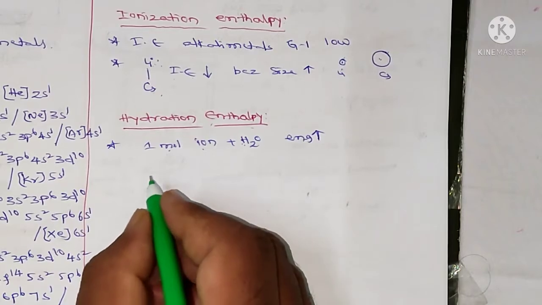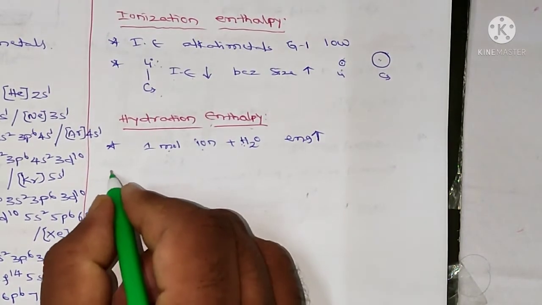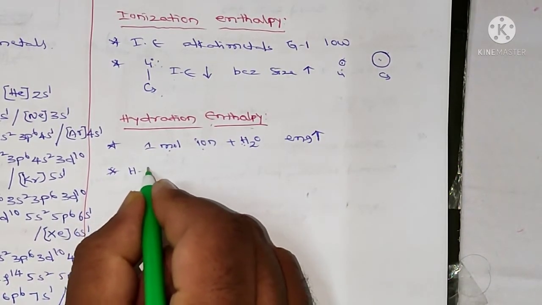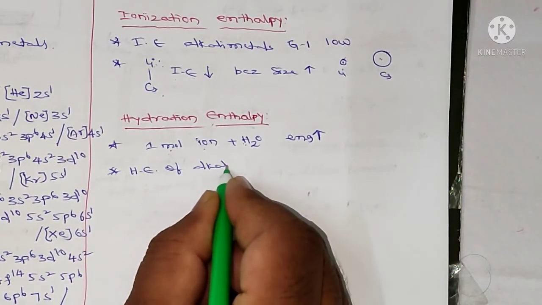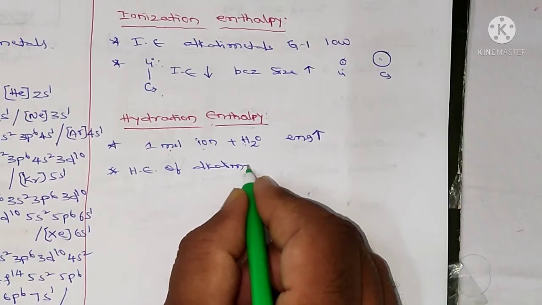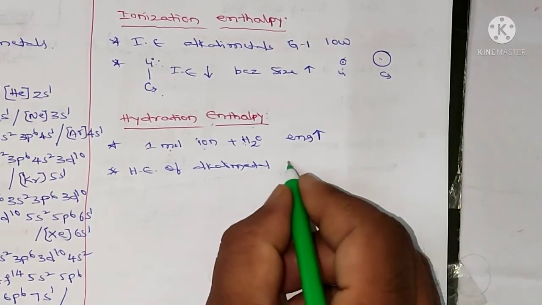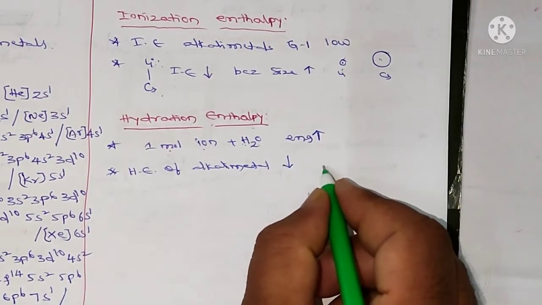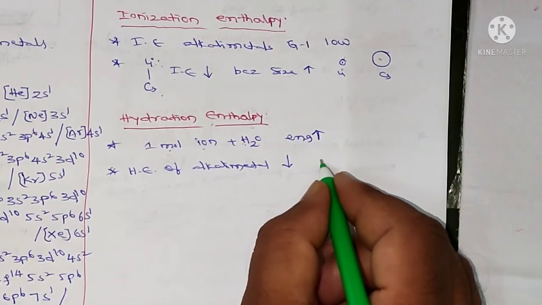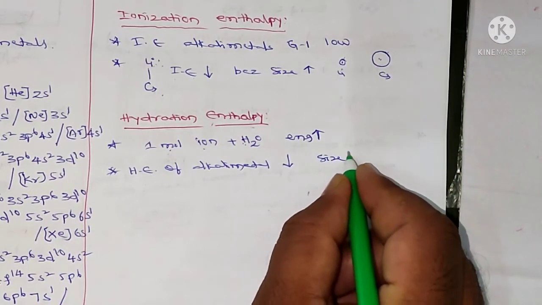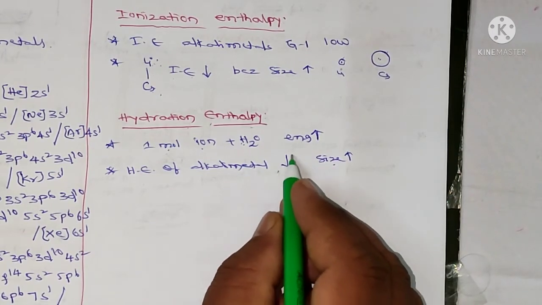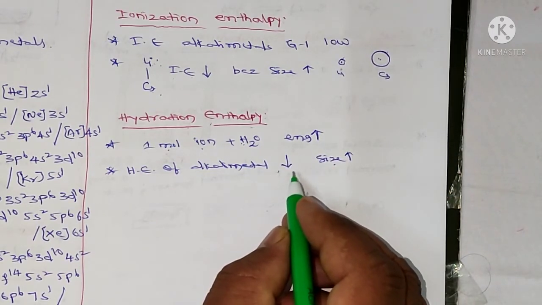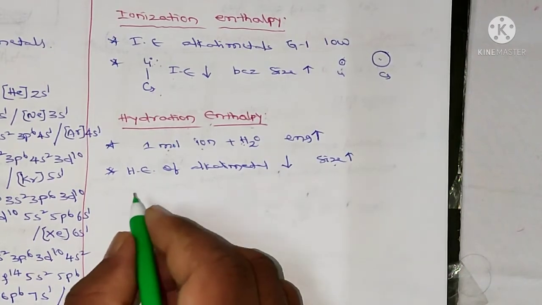The hydration enthalpies of alkali metals decrease with increase in ionic size.